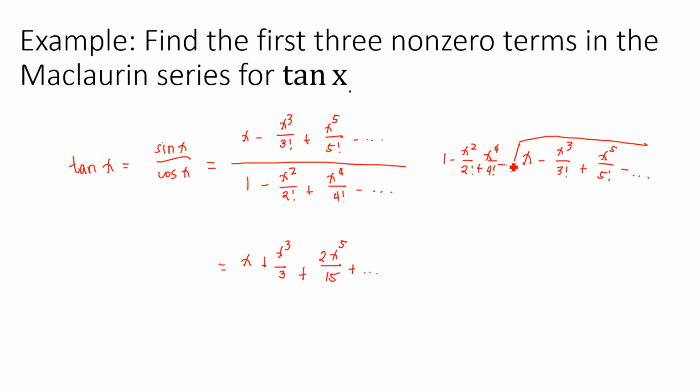Okay, that's correct. So in other words, the tangent x is just equal to this one. Okay, so this is tangent x. So that's how we are going to have the first three non-zero terms of the Maclaurin series for tangent x. Okay, that's all for today.